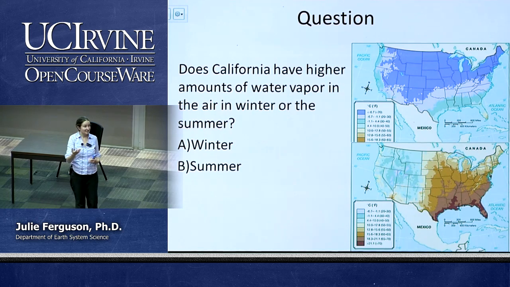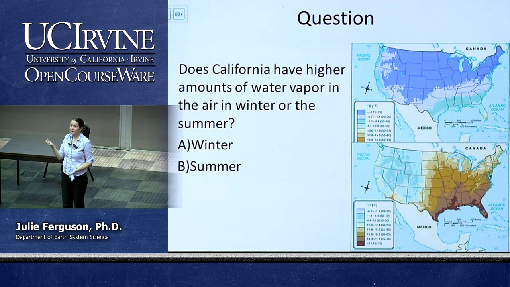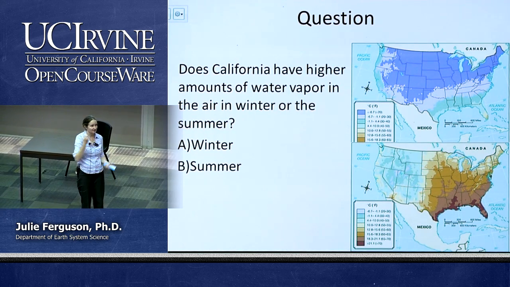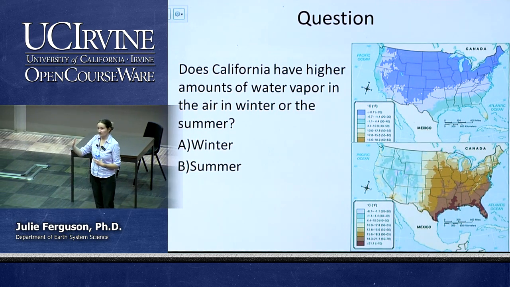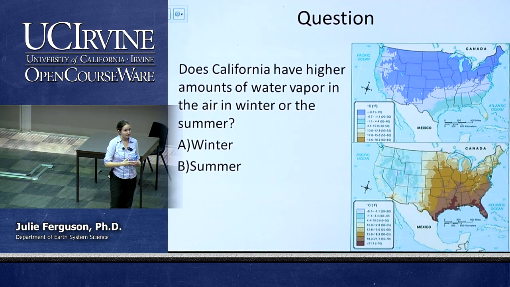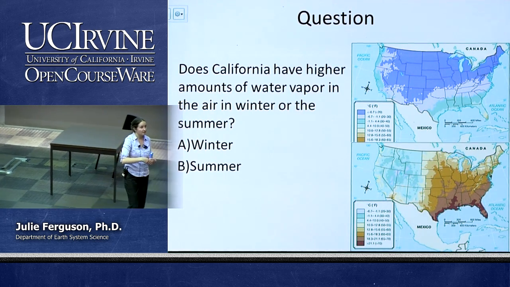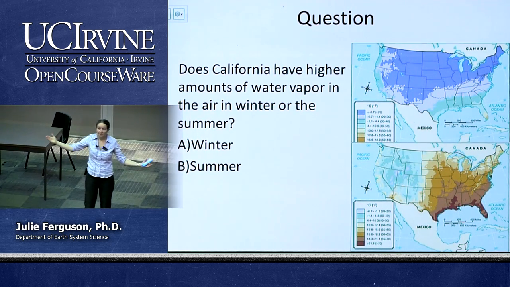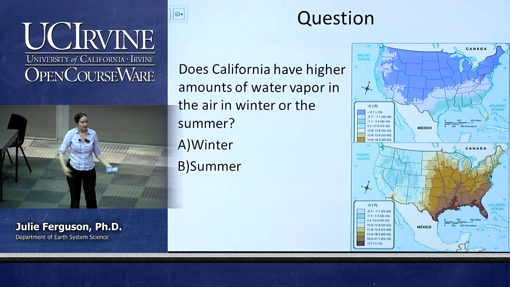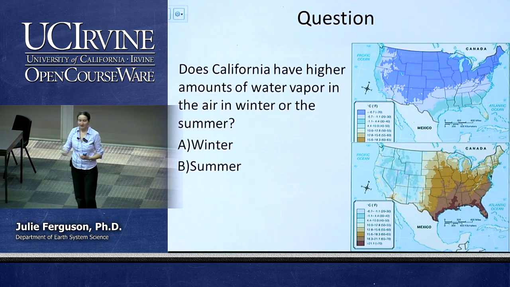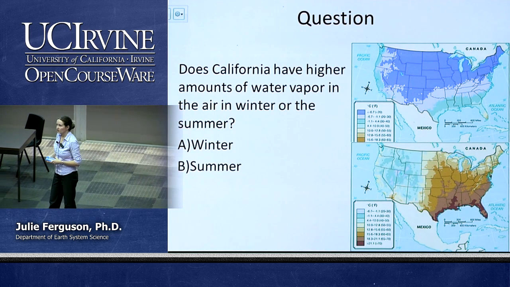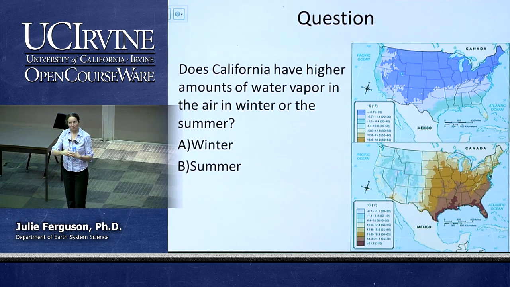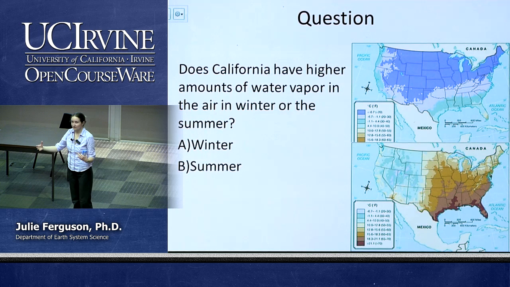When the Santa Ana winds blow, it feels really dry and your lips crack and your skin feels really dry, because there's a very low relative humidity. There's very little water vapor compared to what there could be in that very warm air. Whereas in the June gloom, it's very muggy and more humid, because there's a lot of water vapor compared to what there could be.